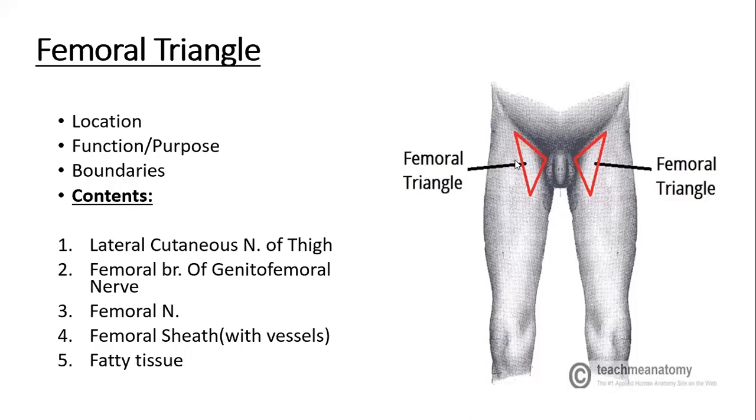In the diagram on the right side of the slide, you can see a very simple diagram showing a general outline of the location of the femoral triangle. So what is femoral triangle in reality?